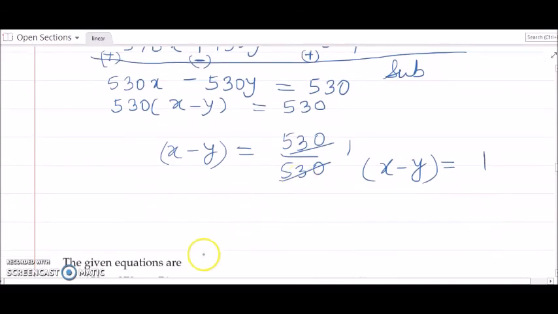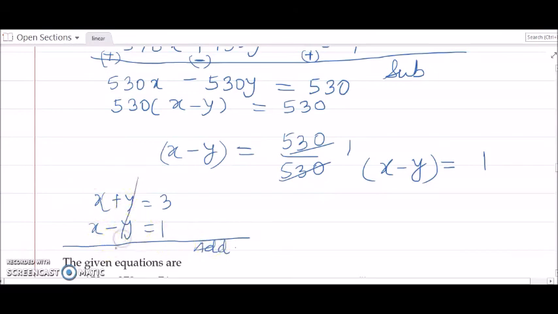For example, the first is x plus y is equal to 3 and x minus y is equal to 1. If you add them again, these will be cancelled. 2x is equal to 4. From here, x is equal to 4 by 2.